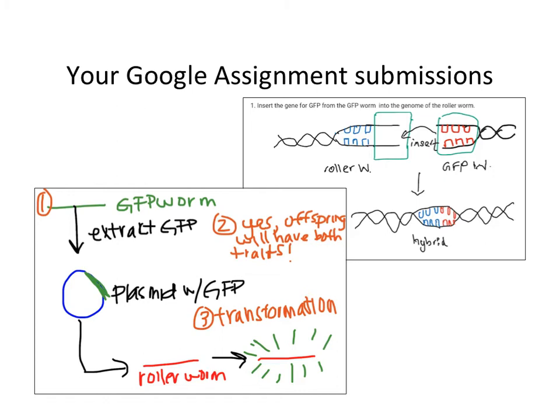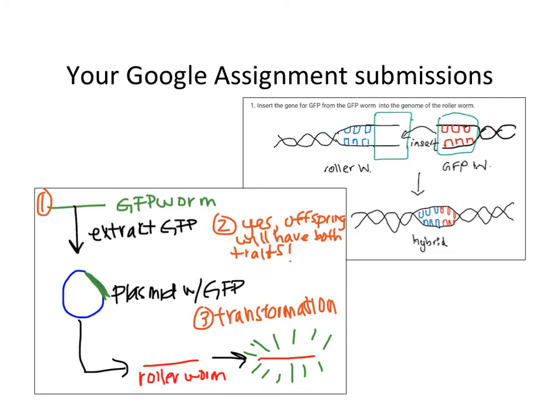Here's where we do a little bit of feedback. A couple of the submissions I got for this Google assignment. How do you combine the roller worms with the GFP? This is what I'm talking about, being creative. So despite the fact that we're in a chapter on transmission genetics, some of you said, well, let's just take the DNA out of the worms and make transgenic worms.